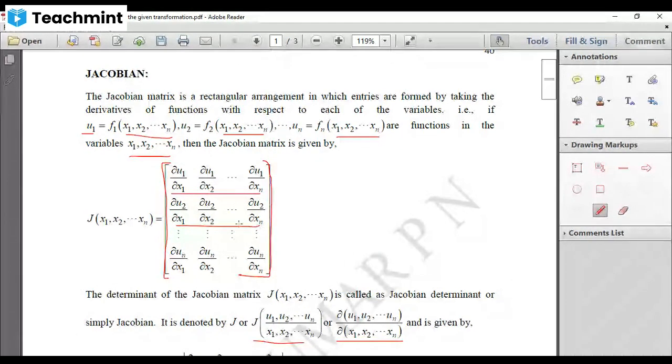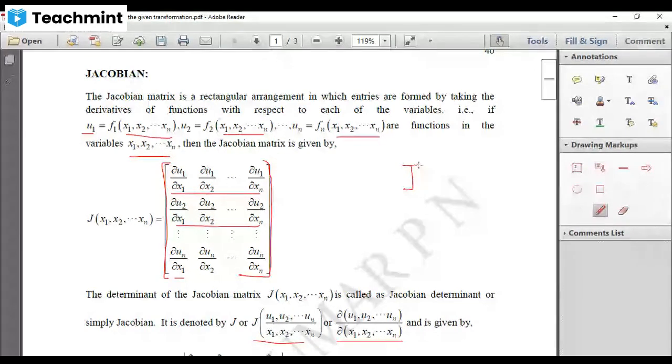Like this, you go on proceeding till un: un with respect to x1, that is dou un by dou x1, dou un by dou x2, etc., dou un by dou xn. That gives you the Jacobian matrix of u1, u2, etc. up to un with respect to x1, x2, etc. up to xn.